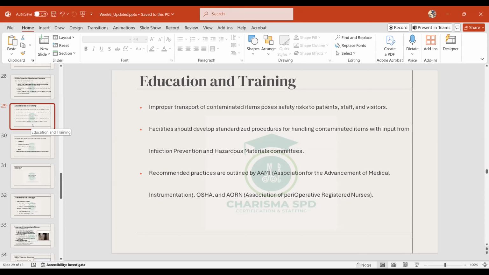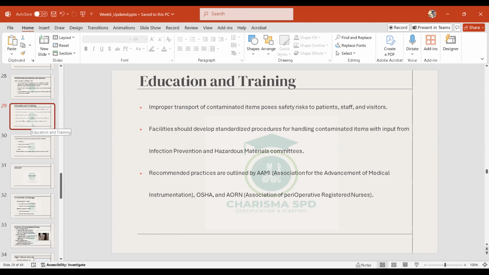So every hospital should have policies or guidelines as to how transportation is supposed to be done. And you cannot do it without the input of the infection control department. You cannot do it without considering the hazardous materials committee's recommendation.